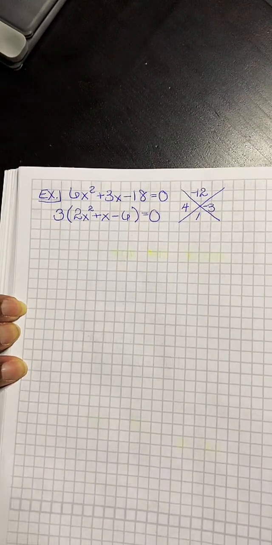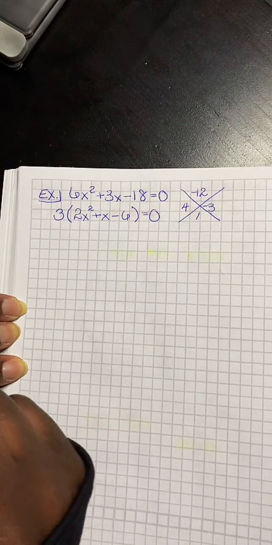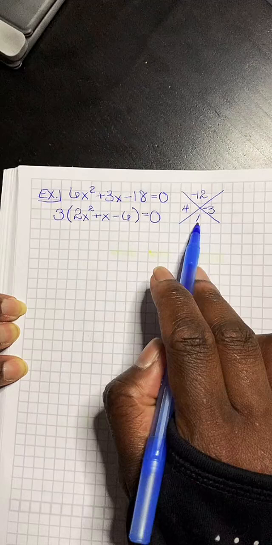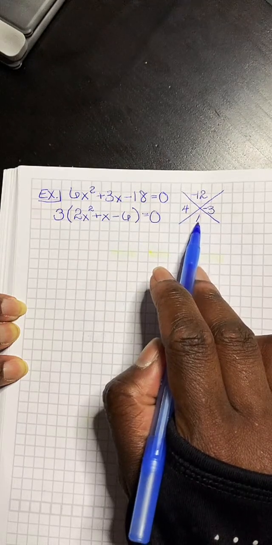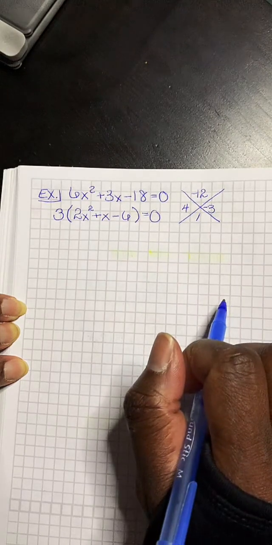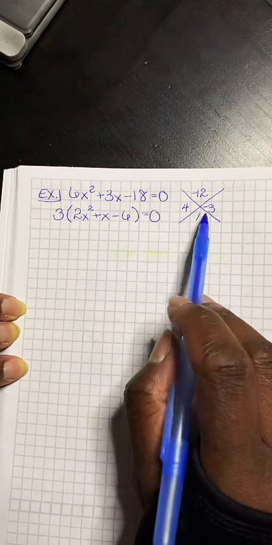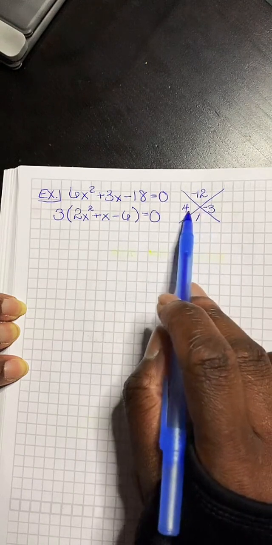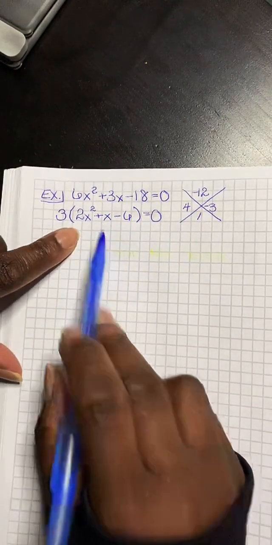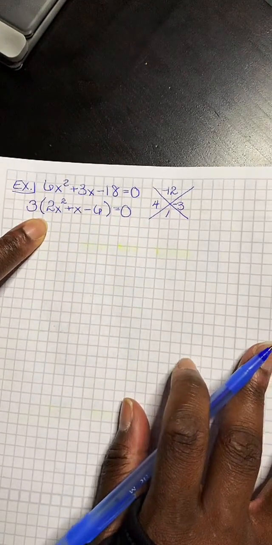So 6 and negative 2, if I add those together, I will get a positive 4, but I'm looking for a positive 1. All right. Since we found our middle terms, this is the AC method.